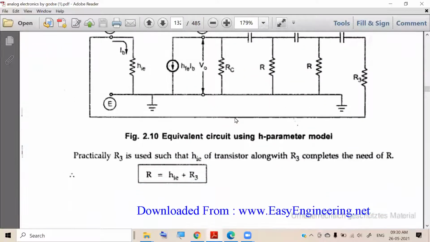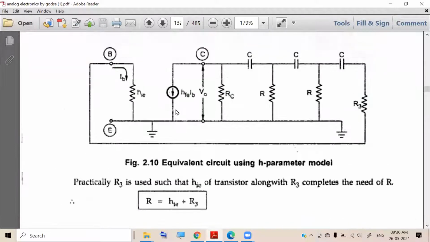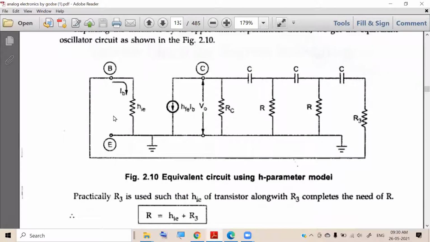When we consider the effect of R1, R2, they come in parallel with hie, from base to emitter.